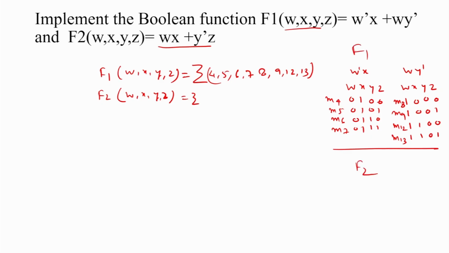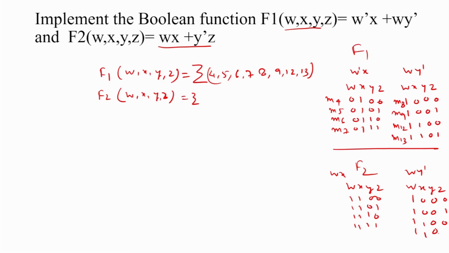f2 has as its first term wx, represented by w x y z as 1 1 0 0, 0 1 1 0 1 1, that is 1 1 1 1 1 1, that is fixed. The second term is wy complement, so w is fixed, that is 1, and y is fixed, that is 0: 1 0 0 0, 1 0 0 1, 1 1 0 0, and 1 1 0 1.